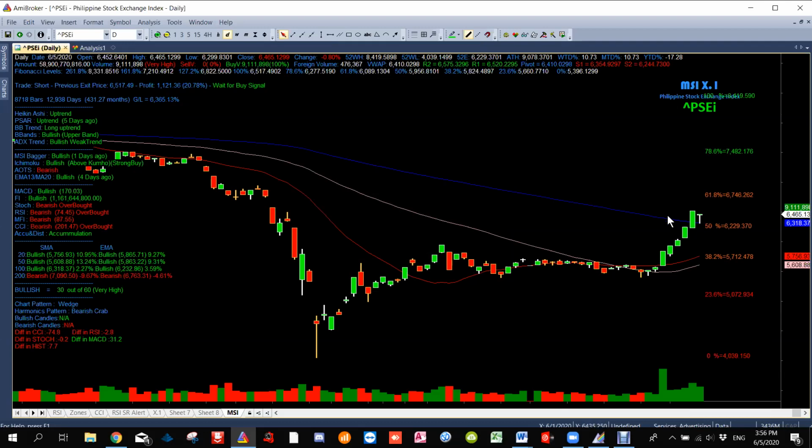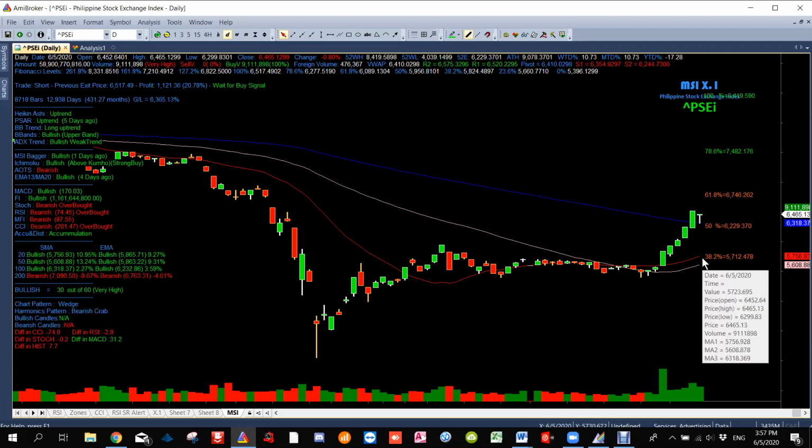So MA 100 yung nasa taas, yung nasa ilalim niya is MA 50, and yung sunod sa kanya is MA 20. Okay? So yun yung alignment na sinusunod niya. So currently, yung sample stock natin, which is PSE, makikita mo na yung alignment niya is hindi pa buo.